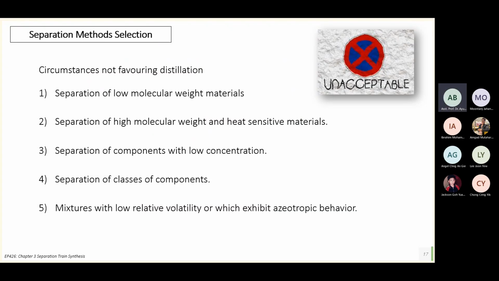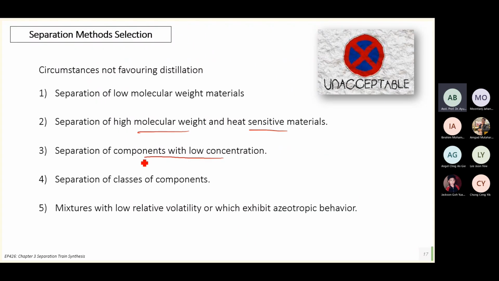Now, these are a few circumstances that do not favor distillation. There are 5 here. When you have low molecular weight materials, high molecular weight and heat sensitive materials, separation of components with low concentration.